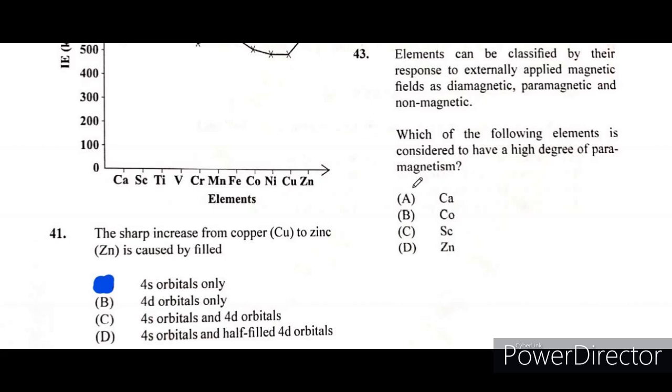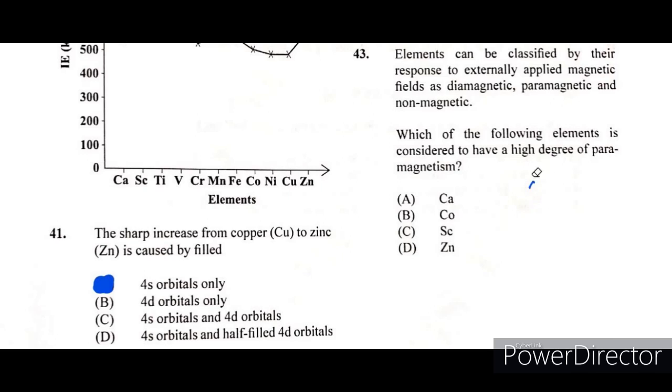It would be the one with the most unpaired electrons. So calcium would have the argon core, and then a 4s2, no unpaired there. For cobalt, that's 27 electrons.